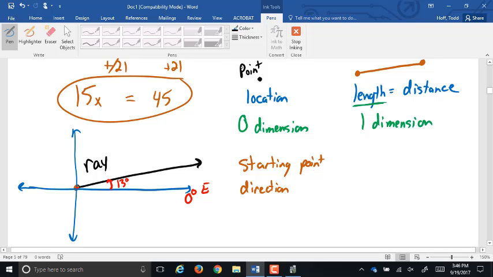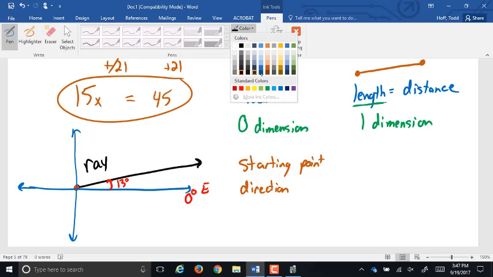This comes from navigation. Now the directions and the rotation might be a little off, but from navigating, there was always 0 degrees, and then you rotated from there. So that's why they defined angles off of this.